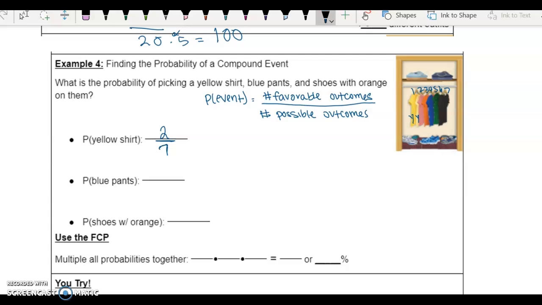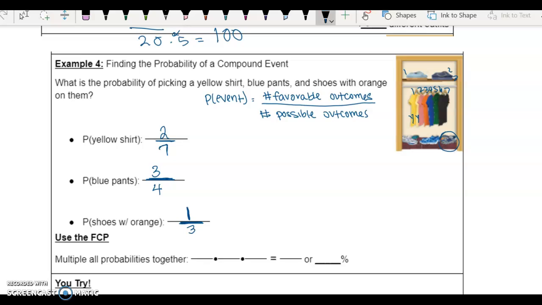So we have 4 pairs of pants, but only 1, 2, 3 of them are blue. And that's going to be over the total amount of them, which would be 4. And then the probability that shoes have orange, so the only pair of shoes that have orange on them is our 3rd pair. We have 1 pair of shoes with orange over our 3 total.